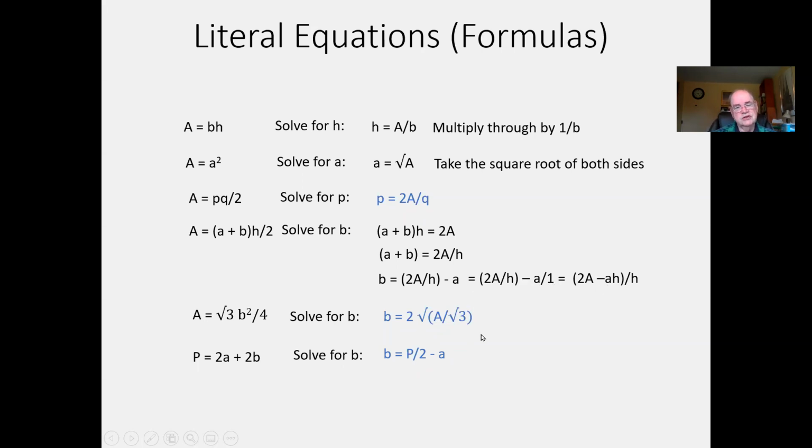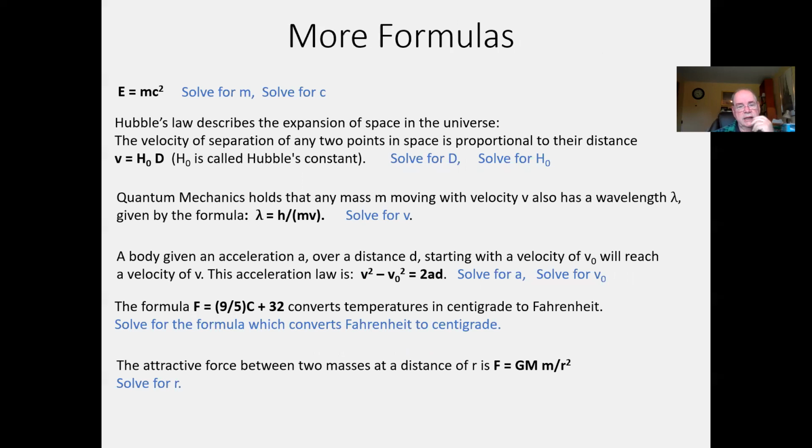And 2 other ones for you guys to try to unbury b from the equilateral area formula and unburying b from the primitive formula for a rectangle. And here are things which would be more worthy of you guys, taking some real equations from the real world, mostly from physics. I have a little explanation of each equation up on top, and asking you again to dig out, isolate from the equation certain of the variables.